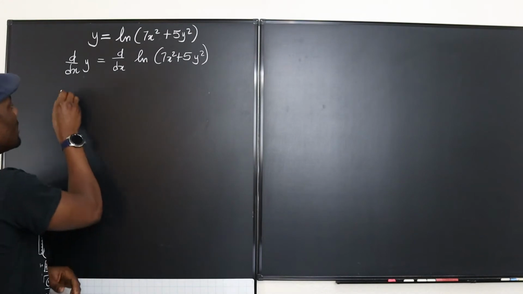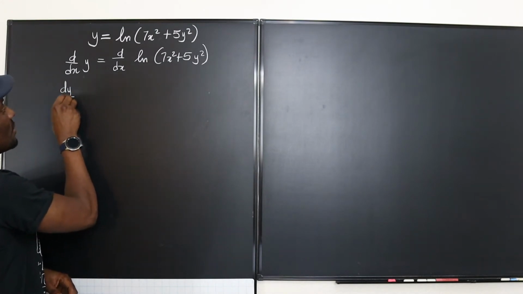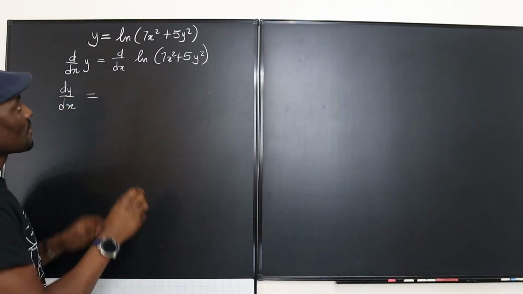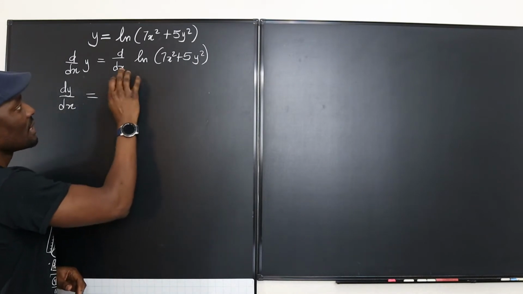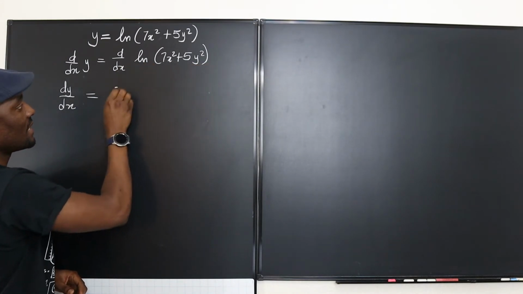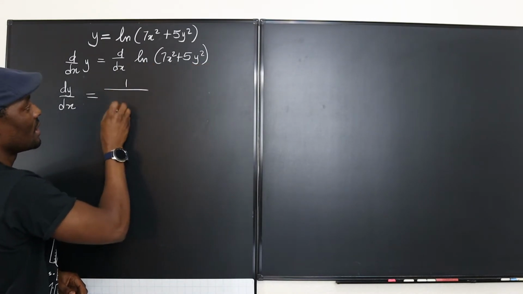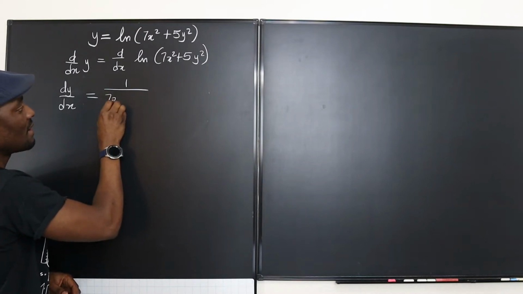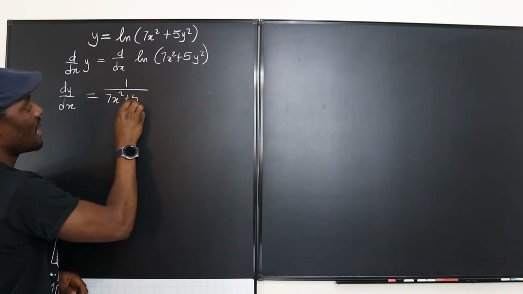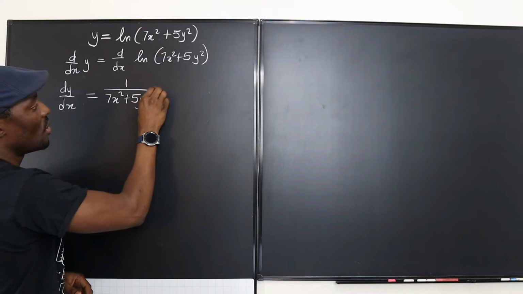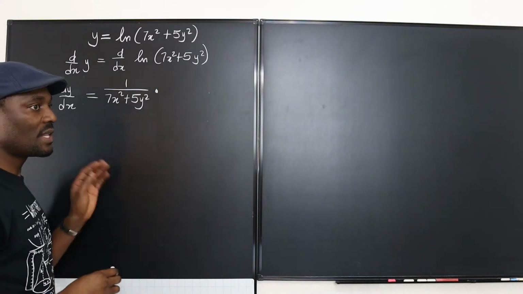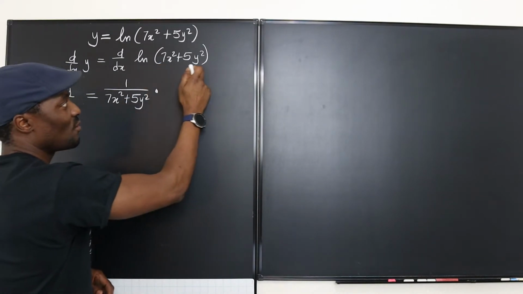So right now we have on the left hand side dy dx, and on this side we're going to have, if you differentiate ln of anything, you're going to get 1 over that argument, which is 7x squared plus 5y squared, multiplied, remember it's a chain rule. Now we're going to differentiate what's inside.